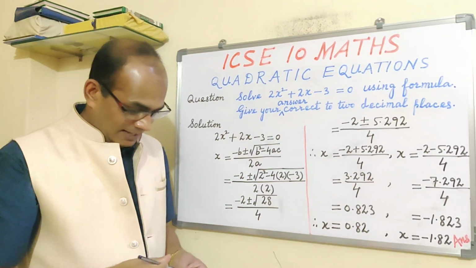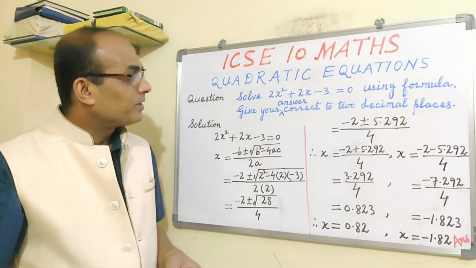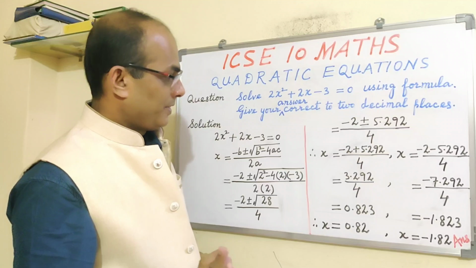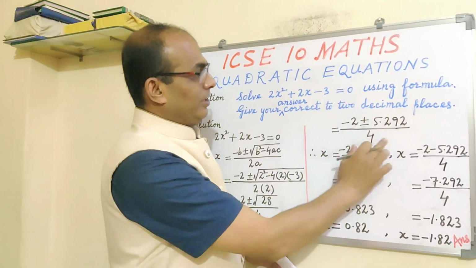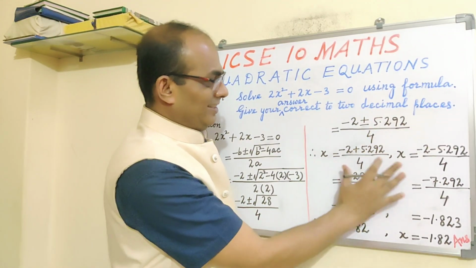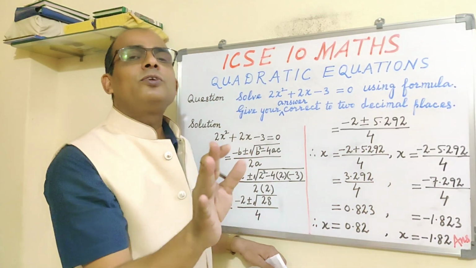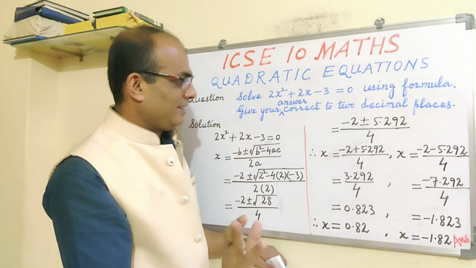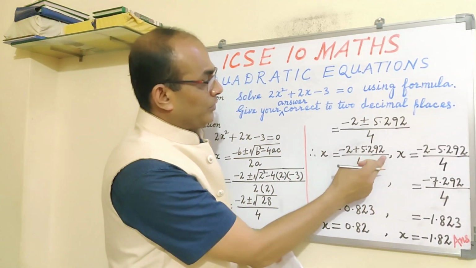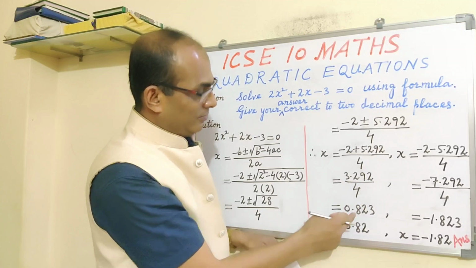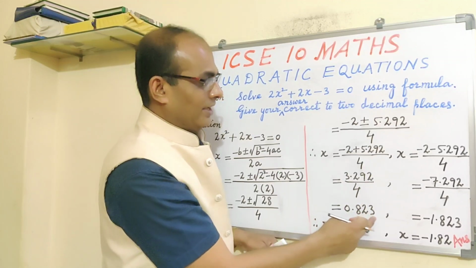Then after that, point number 7. In point number 7, I would like to tell you, after finding out the square root, now you are doing all these calculations. It is up to you. You can increase the number of steps, but don't reduce. Write all the necessary steps. Alright, see here 5.292 minus 2, that gives you 3.292, which is divided by 4, and we are getting 0.823.